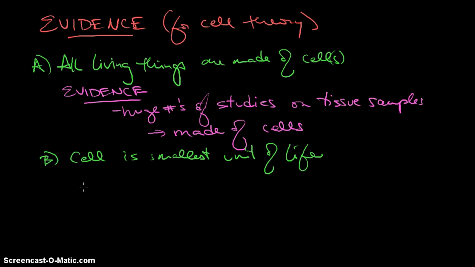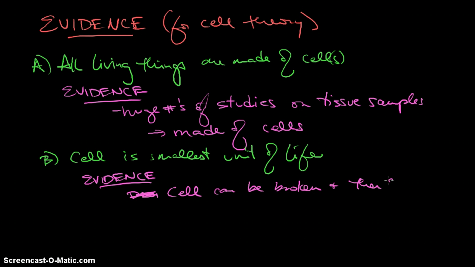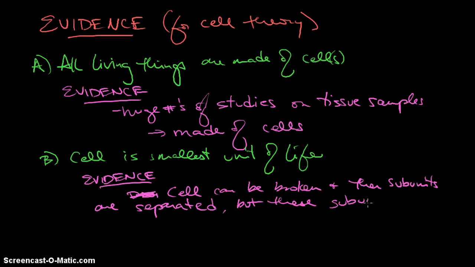Well, the evidence for this is that what can be done experimentally is a cell can be broken, and then the subunits, or the parts that make it up, are separated through a centrifuge, but these subunits don't survive for very long.